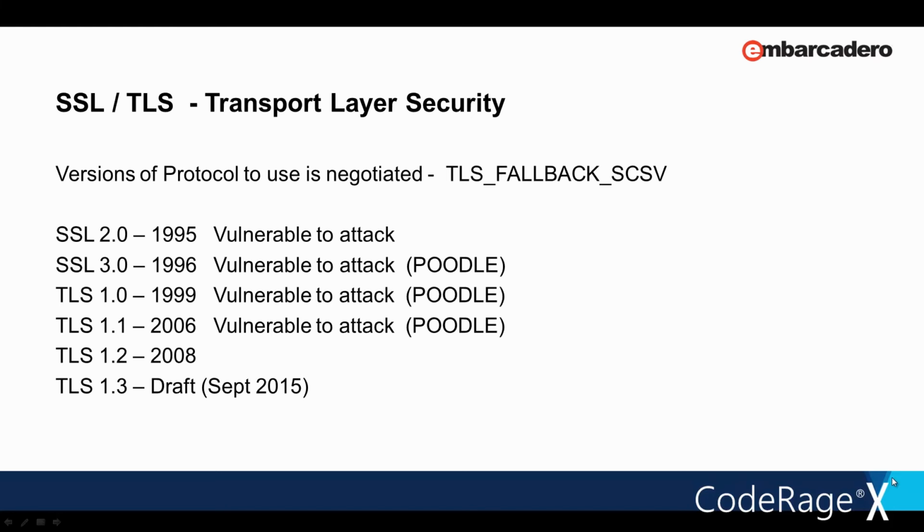And SSL 3.0, within about a year, was exploitable by Poodle, and it is also recommended not to be used. TLS 1.0 and 1.1, a little less than a year ago, were found to also be exploitable by Poodle. And Poodle is basically a downgrade attack.